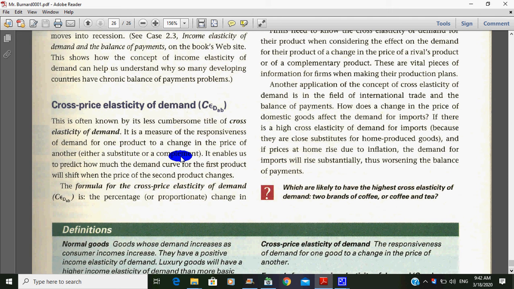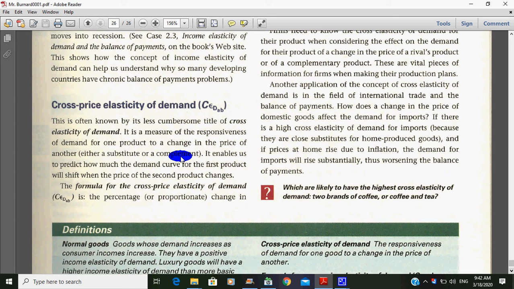So this is looking at what? Substitutes, right? A while ago we looked at income elasticity, and we looked at price elasticity of demand in the previous section. Now we look at cross price elasticity of demand.